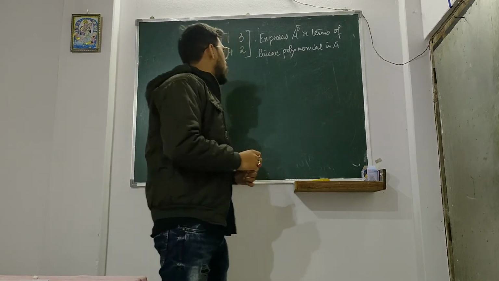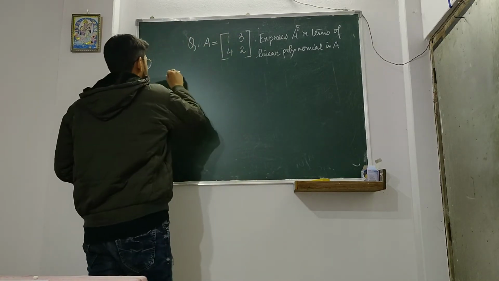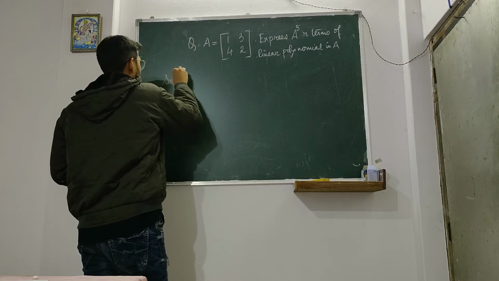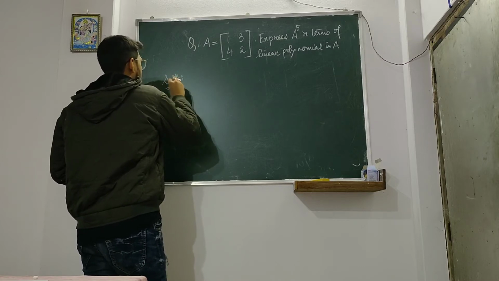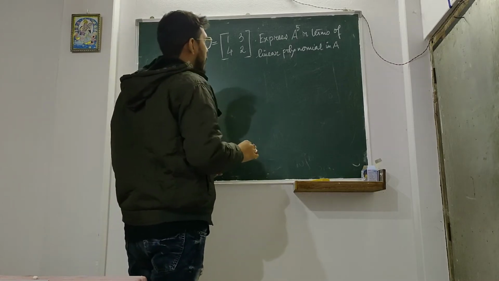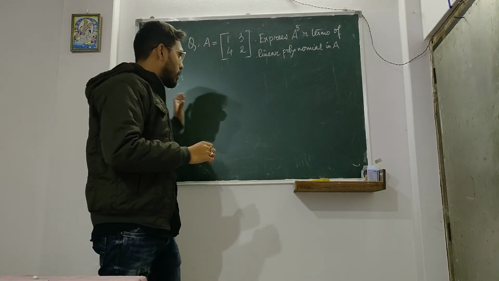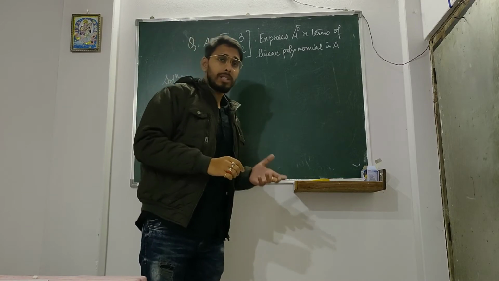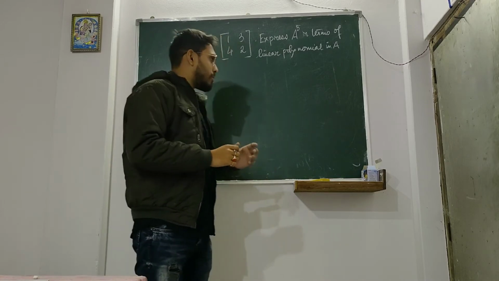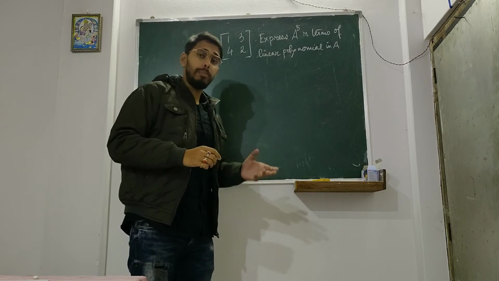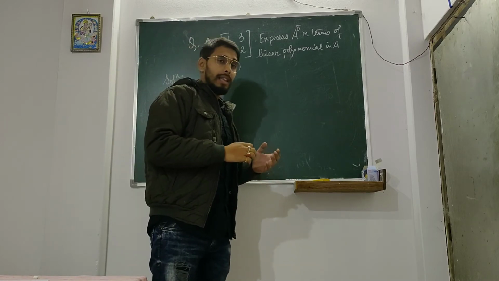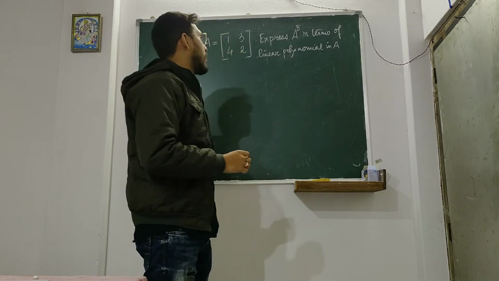Okay. So to start off with the solution, we have to find out the characteristic equation, and using the characteristic equation we have to figure out the equation of lambda, just like we did in the previous video. And from there we have to convert the lambda into A and then use the equation in order to find this.